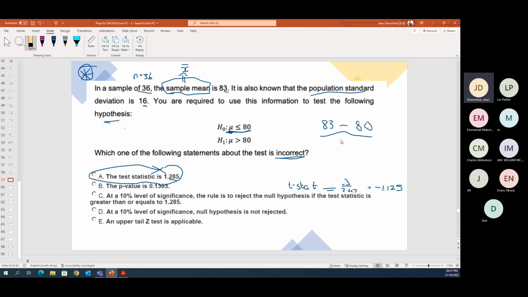Okay, so then it is divided by 16 divided by 36. 3 divided by, so we're just writing this below down, which still gives me 1.125, but positive.